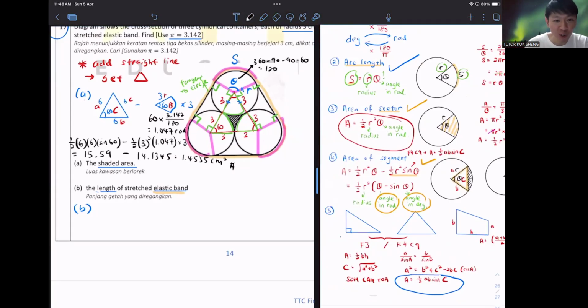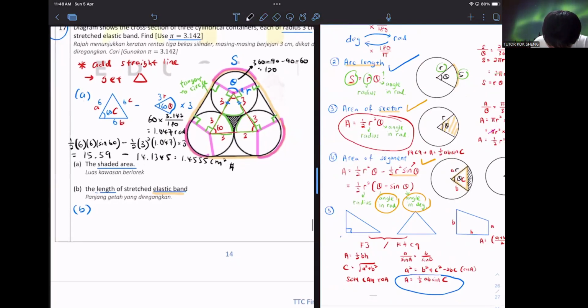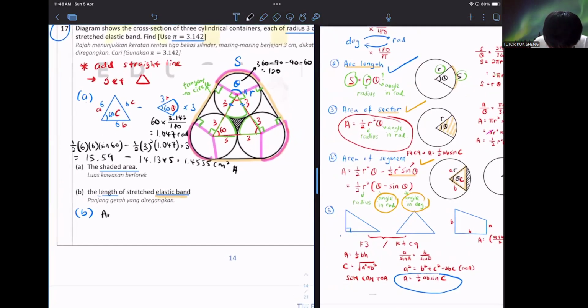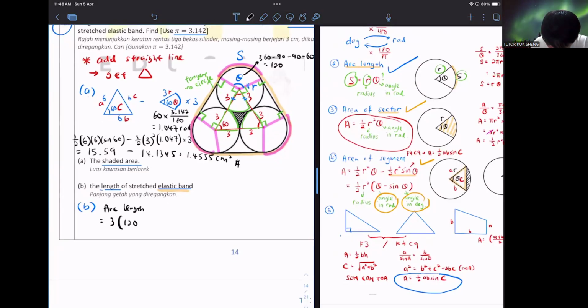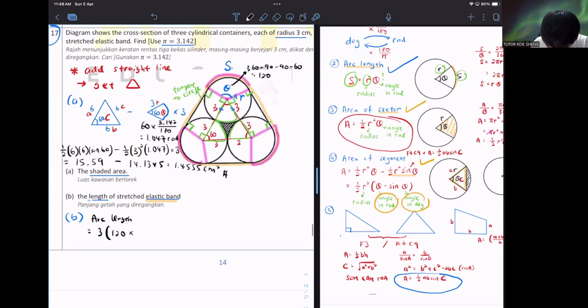Okay, cool. Let's go. Radius 3 cm, the theta 120 degrees, but you have to change to radians, times pi over 180.